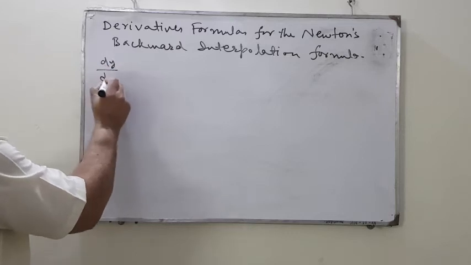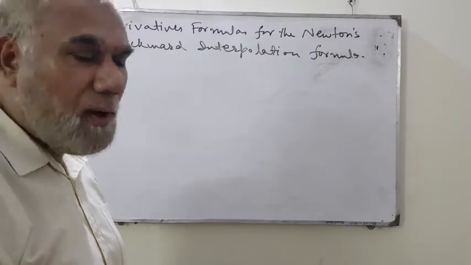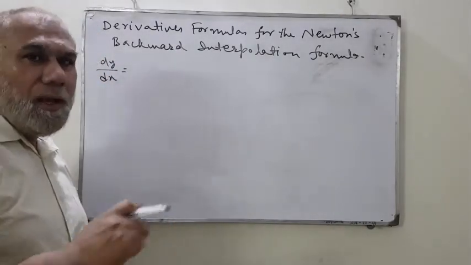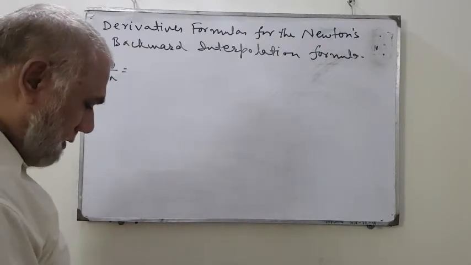This is the formula for dy over dx. There is only a very minor change in the formula between the backward and the forward, and you will observe that. Let me write it down first and then we shall discuss the differences.